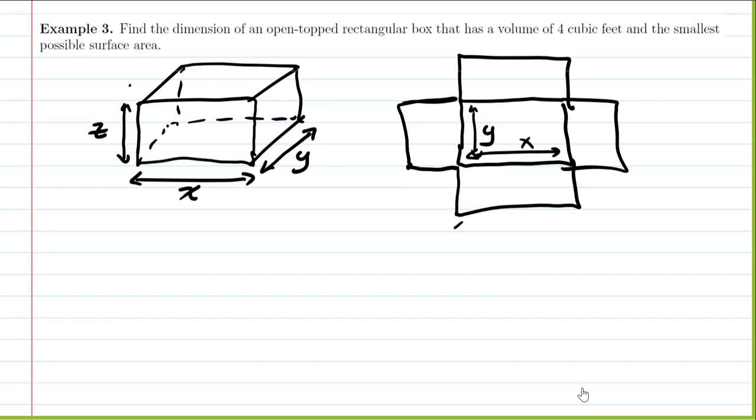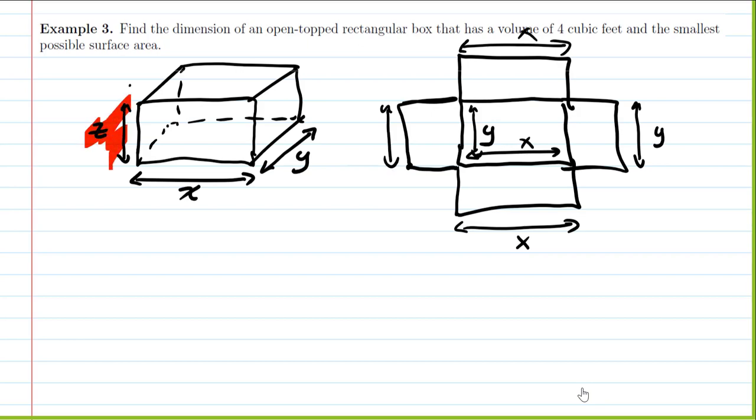So then I know that this is going to be x, and the top is also going to be x, and these distances are going to be y and y. So the only place left is where we folded down the box, and that's going to correspond to these, right? So this distance is z, and then this distance would also have to be z.